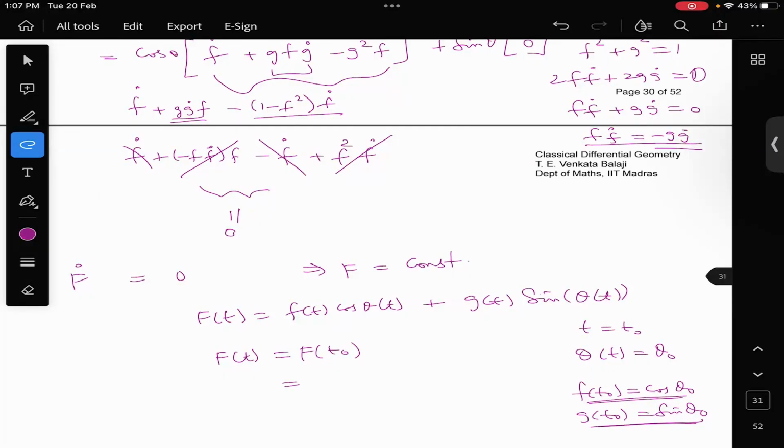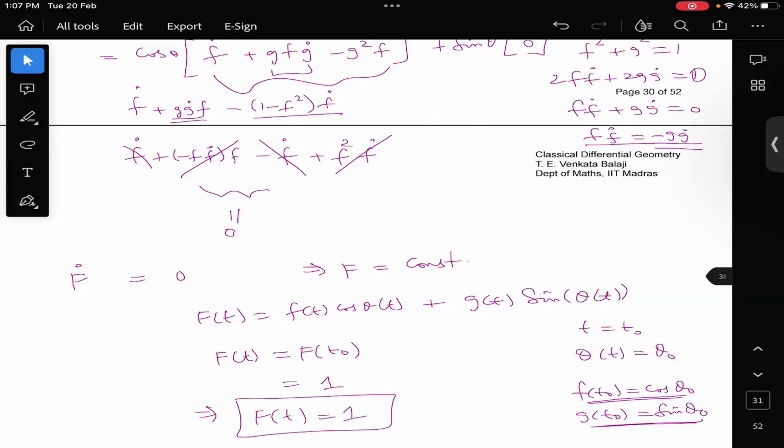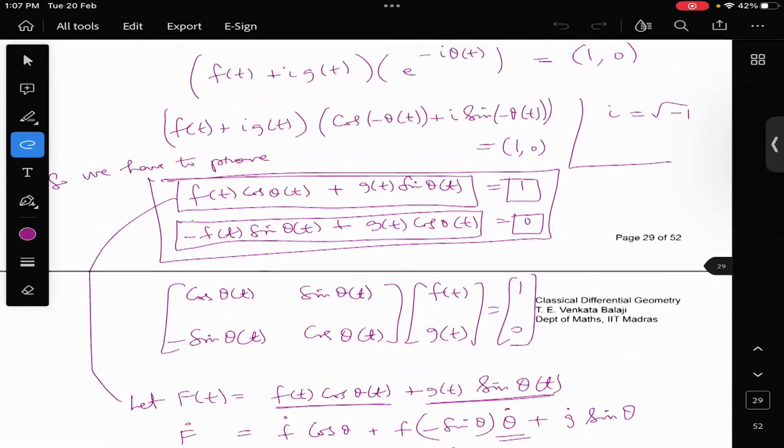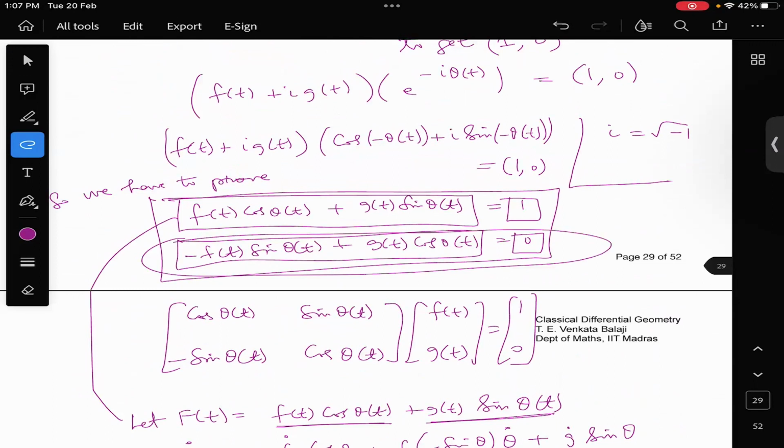So you see, f t naught is going to be 1, therefore you are getting that f of t is 1. And if you use the same kind of process, you will see immediately that to prove this second part, all I have to do is take the left side, call it g t, take its derivative, and show its derivative is 0. So g t will become g t naught, and g t naught will actually be 0, because you will get minus cos theta naught sin theta naught plus cos theta naught sin theta naught, which is 0.